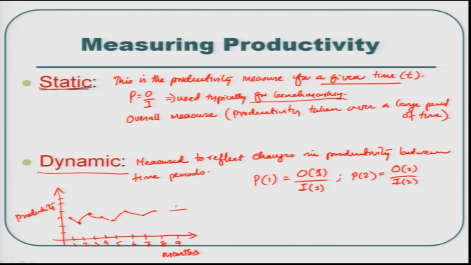This is sometimes called dynamic productivity. So, you are measuring the productivity not over a time period, but between time periods. So you are more interested in the fluctuations or changes in productivity.